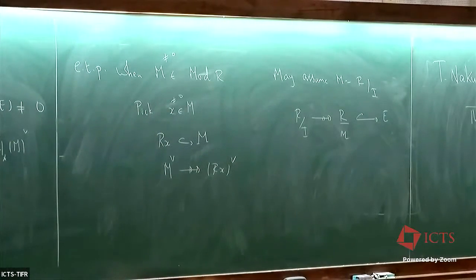If the co-support of N is the whole thing, this is Spec R, then as long as M is non-zero, this formula tells you there must be a non-zero map from M to that object. That was a special case.